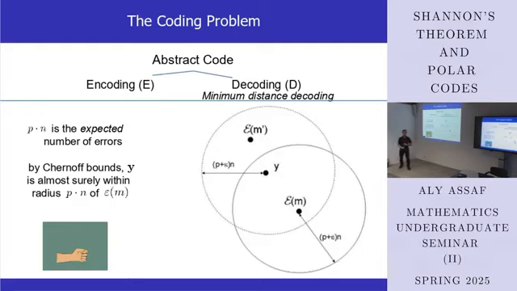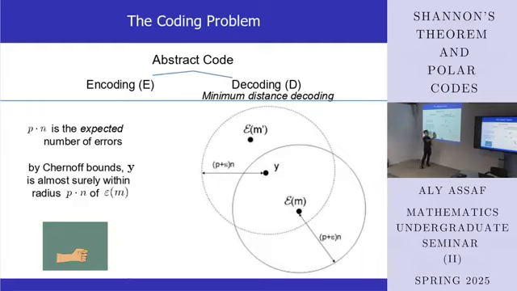Now, pn here represents the expected number of errors, the expected distance from the original point that Y will be at. And for those of you who like maths, we know that this is going to be a very nice clean circle, not fuzzy, because of the Chernoff bounds, if n is large.